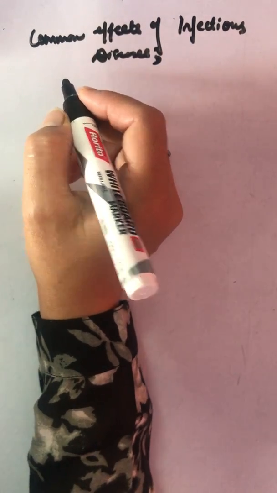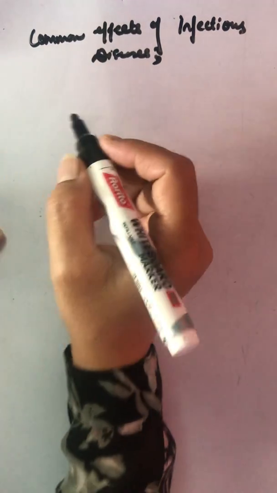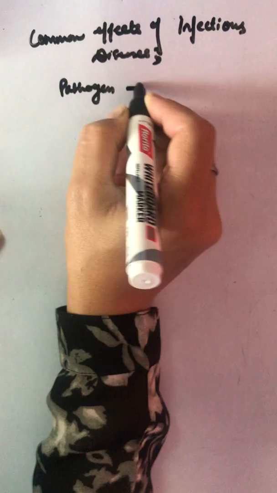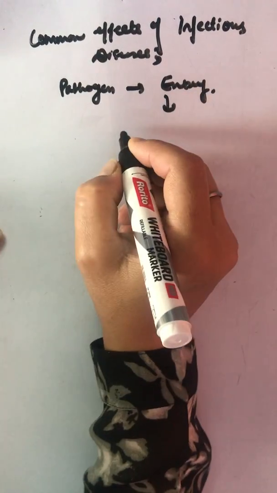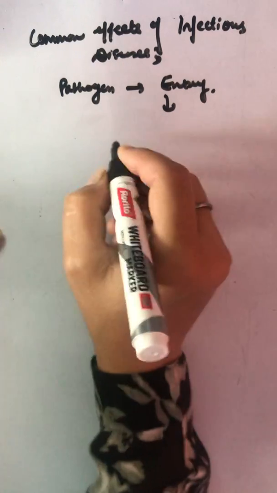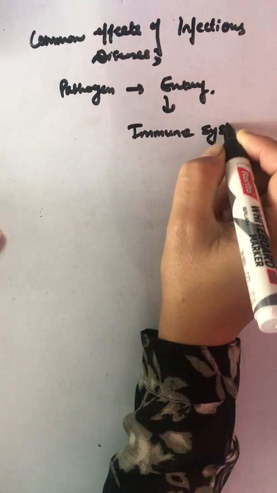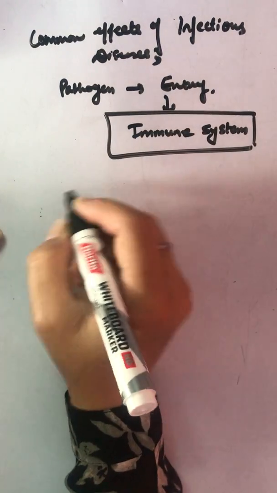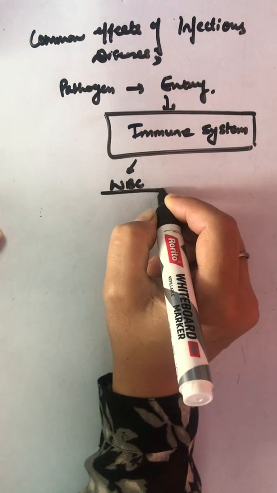See, if this pathogen enters our body and the immune system becomes active in response to pathogen, it has gained entry, what will it do? It will elicit a response in the immune system. That means our immune system has to get alarmed. It will send WBCs to the area where there is infection.